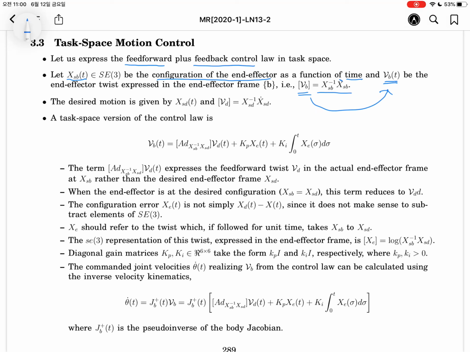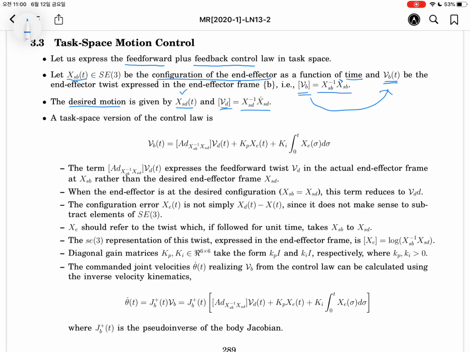We have dealt with this concept in chapter 3, so you should review the formula in the latter part of chapter 3. And then the desired motion is described, XSD is a homogeneous transform in terms of the S frame, the space frame. And then the desired twist can be given by using this homogeneous transform, like this.